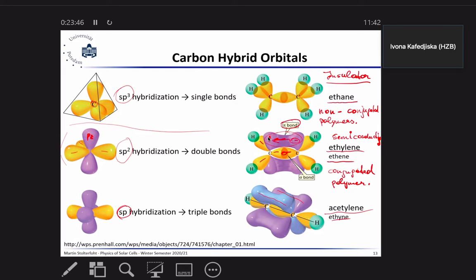Sorry Martin, can I ask something? For the double bond, I've forgotten a bit. Are you saying that the double bond is formed somehow as a mixture of the sigma and the pi bond? Yes. But shouldn't there be a double bond between the two carbon atoms, namely where you have marked the sigma bond?